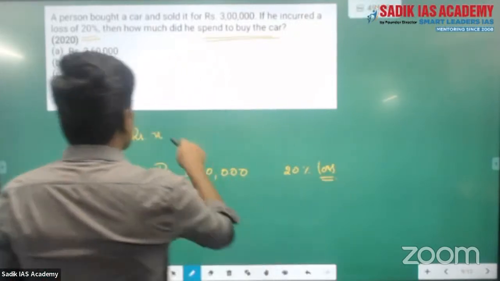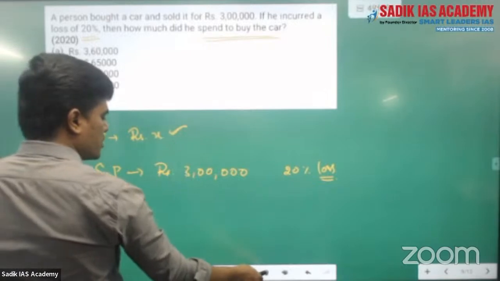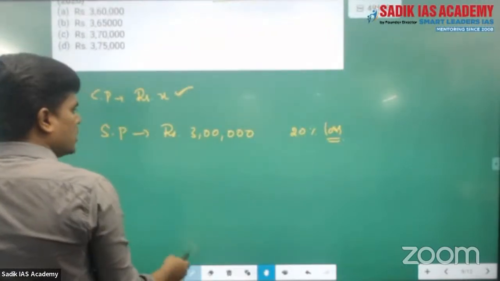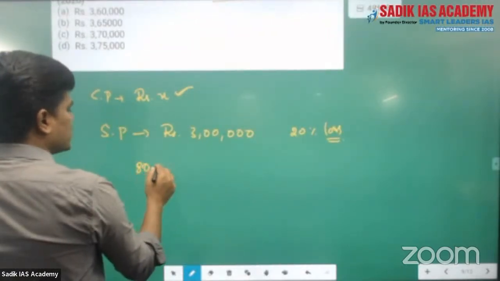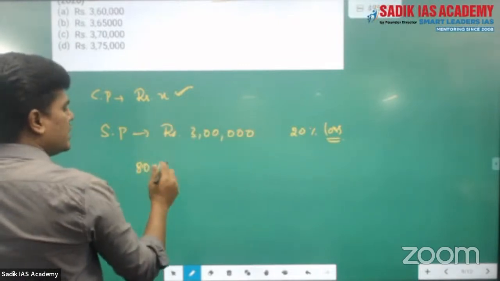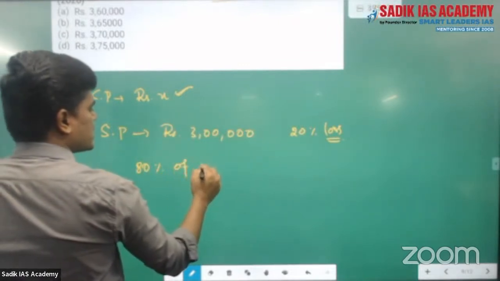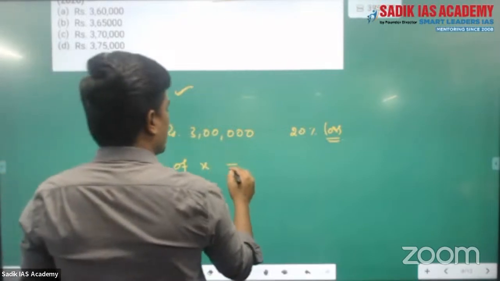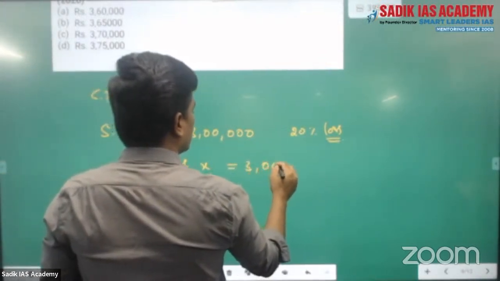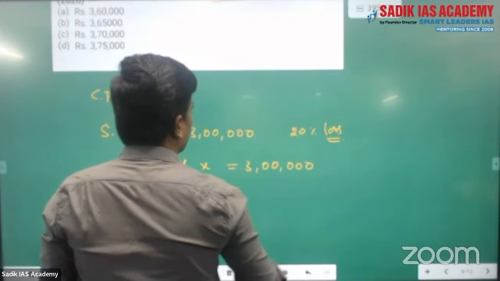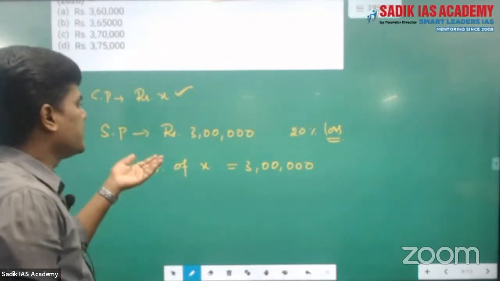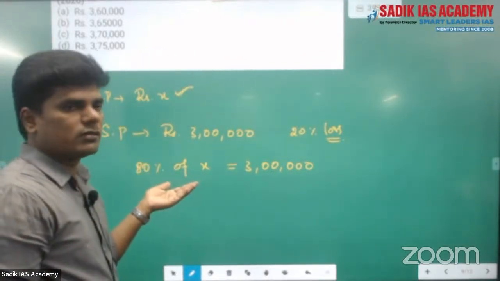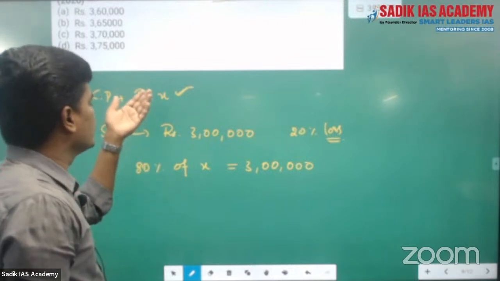That means X is the original amount, and a 20% loss means 100 minus 20, 80% of X. This amount is this 3 lakh. This is how I understand it. This is one method to solve this question.